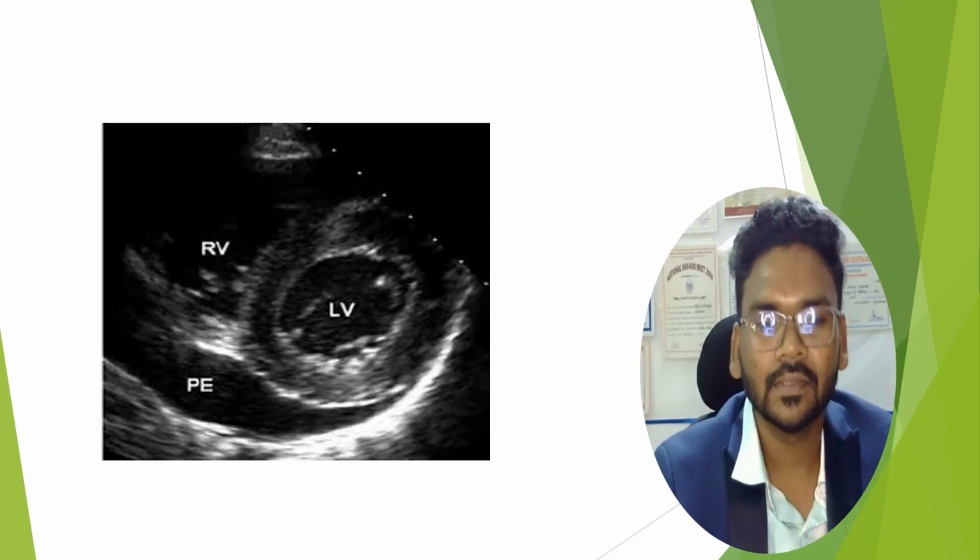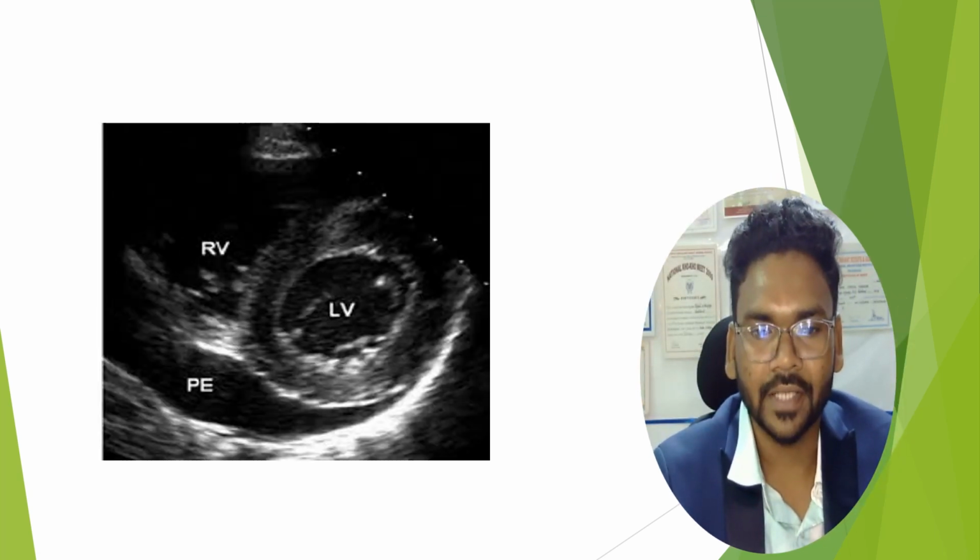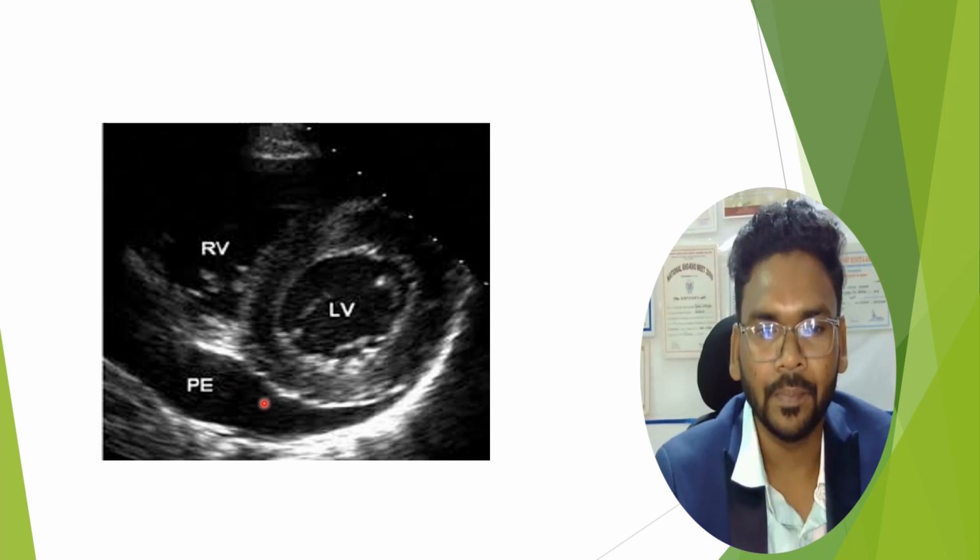This is the parasternal short axis view. In this view, you can see the left ventricle, then interventricular septum, and this is the right ventricle. And you can also see some unechoic structure around the heart, that is pericardial effusion.